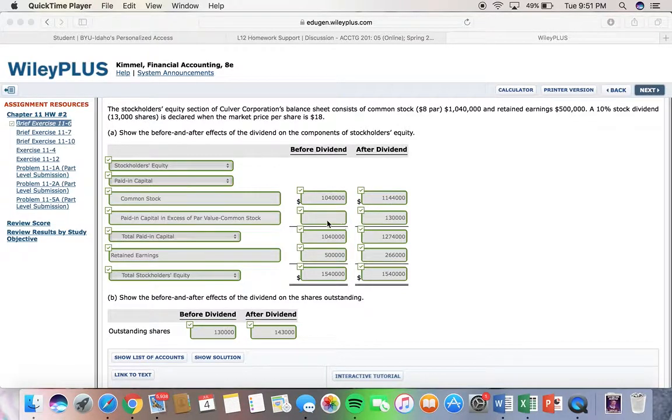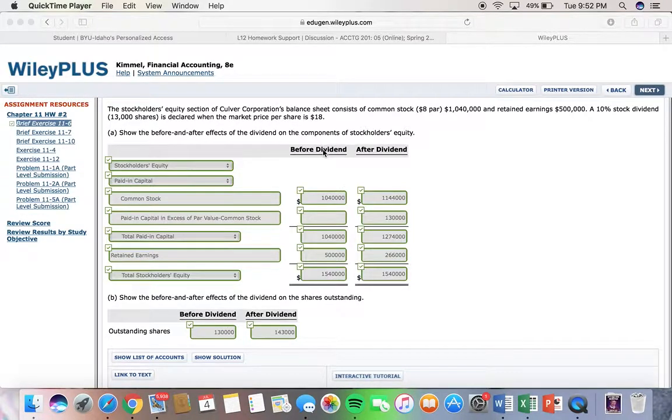Now, paid-in capital in excess of par value common stock. The key word we're looking at here is excess. When we look at the par value of $8, and the dividend is declared when the market price per share is $18, the excess between those two is $10.